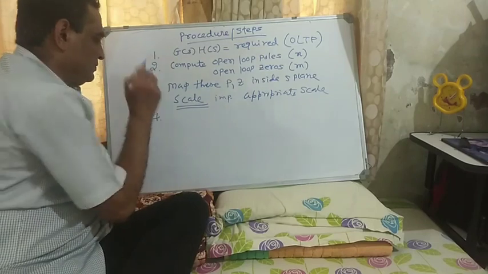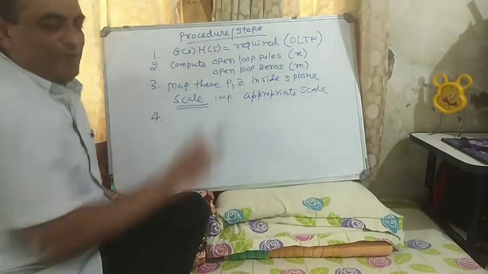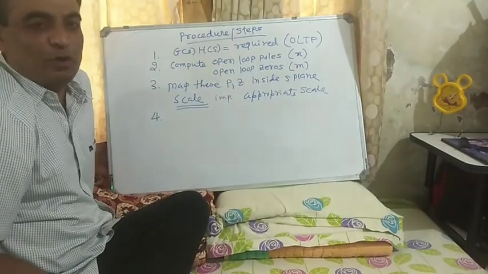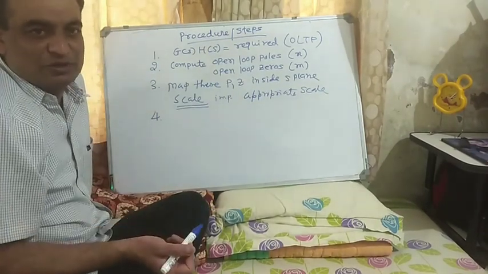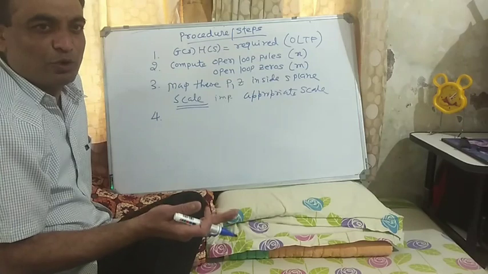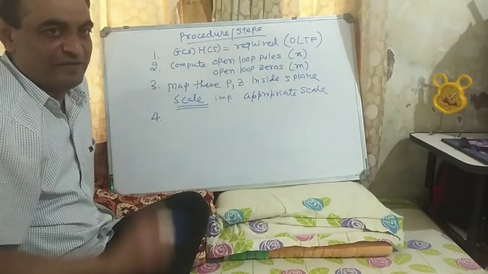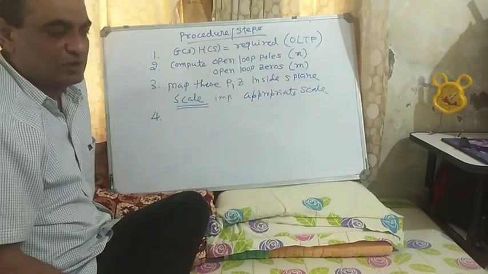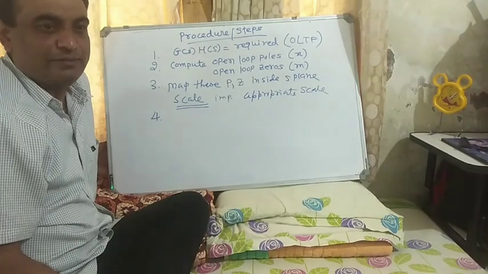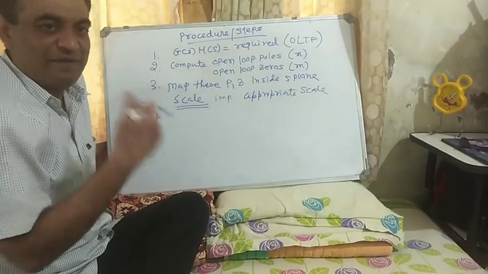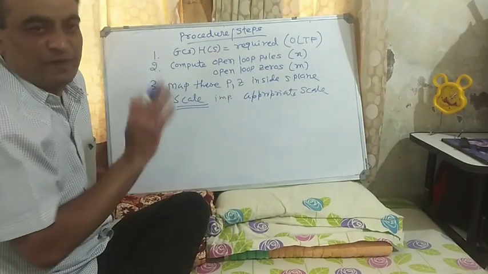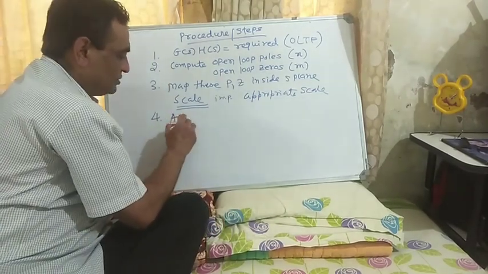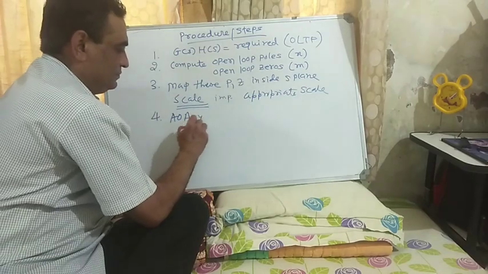Then based on n and m, if n and m are equal, you don't need to calculate the angle of asymptotes, because there is no branch of the root locus which is going to terminate at infinity. So there is no question of asymptotes and no question of centroid. If n is greater than m, then you need to find the angle of asymptotes.